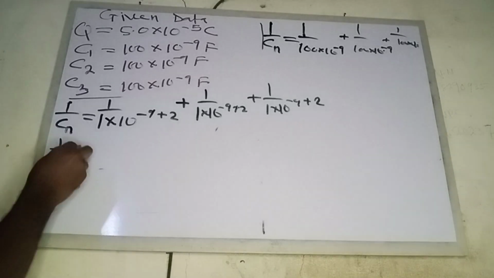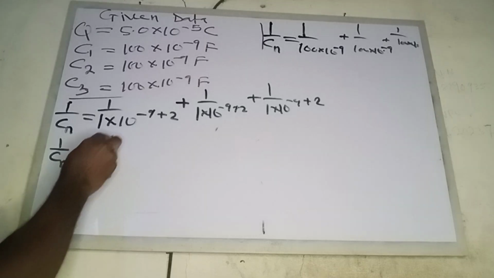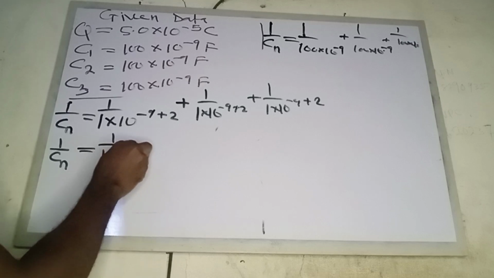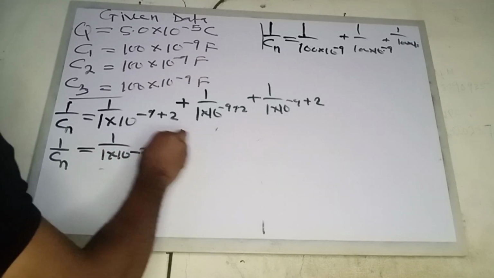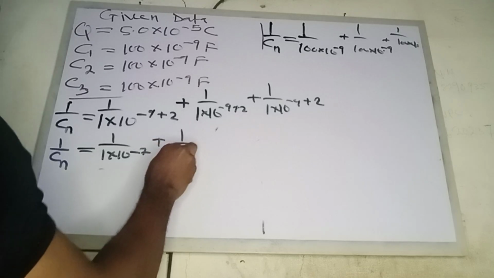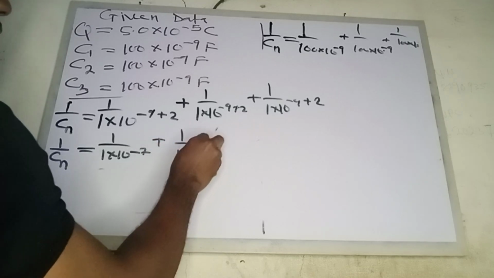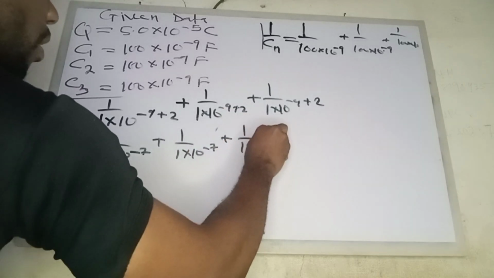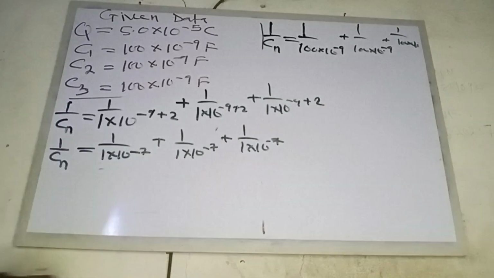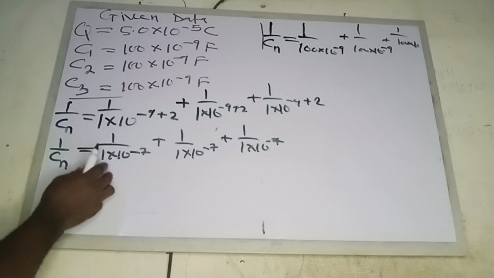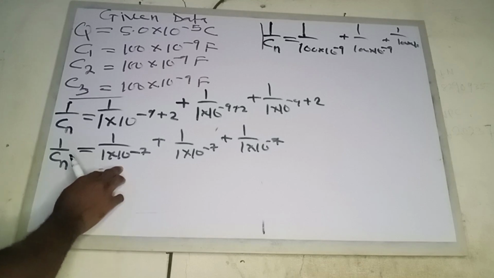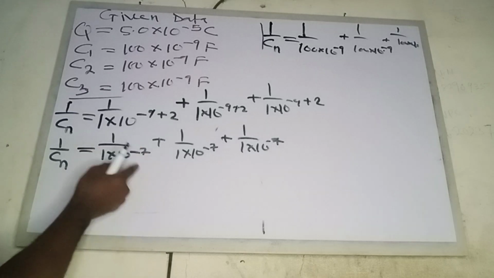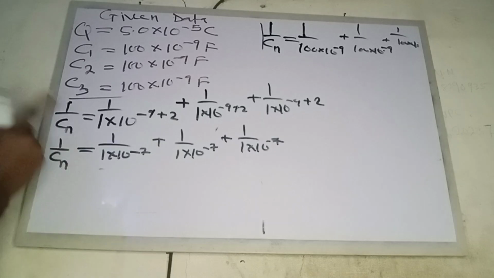At this point we have 1 over Cn equals 1 over 1 times 10 raised to the power of minus 7, plus 1 over 1 times 10 raised to the power of minus 7, plus 1 over 1 times 10 raised to the power of minus 7. Now, this 10 raised to the minus 7, when it goes to the numerator, becomes positive.